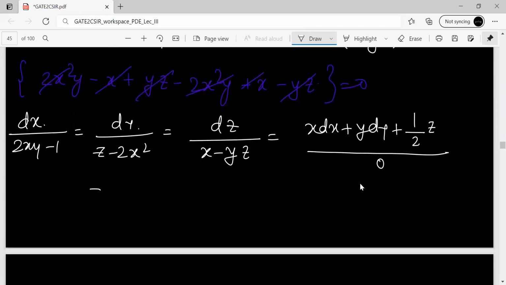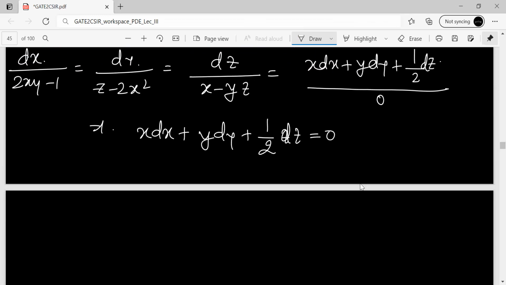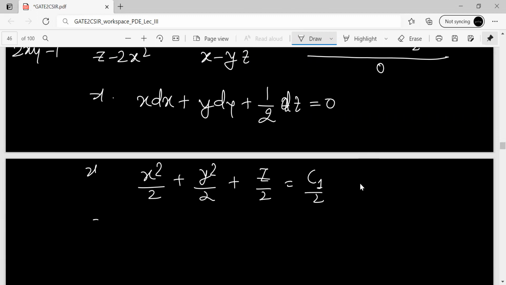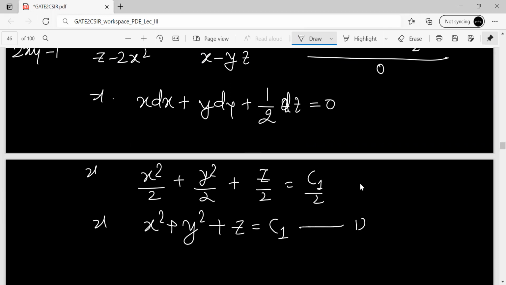So you can consider any part and say x dx plus y dy plus half dz equals 0. And now integrate it. So you get x square by 2 plus y square by 2 plus z by 2 equal to some c1 by 2. So from here you get x square plus y square plus z equal to c1. I'll call it 1.